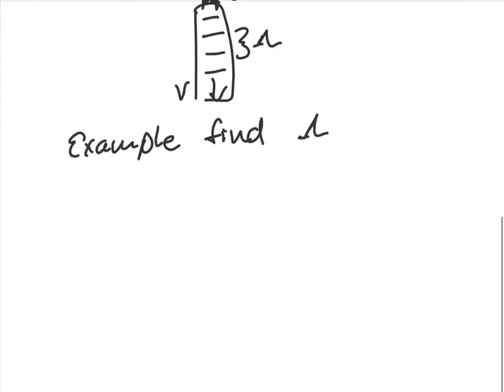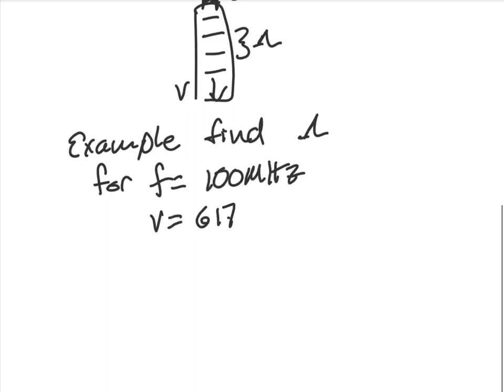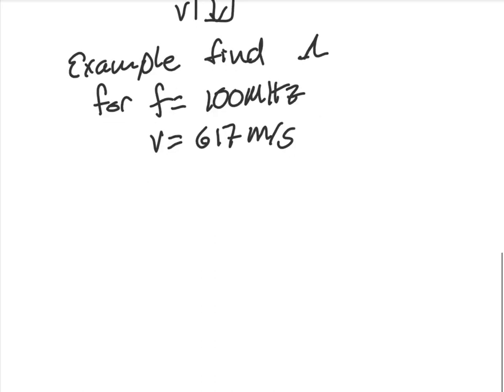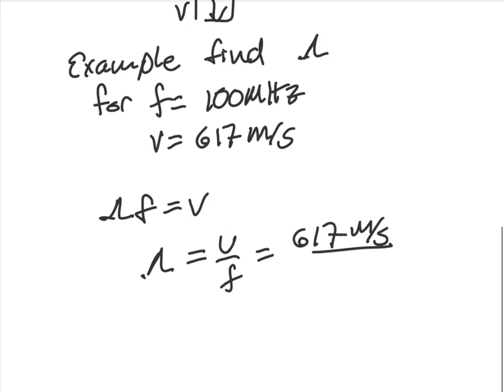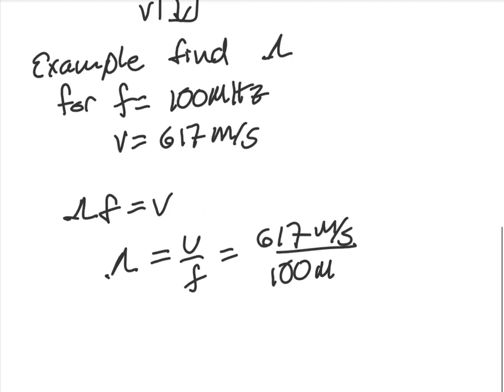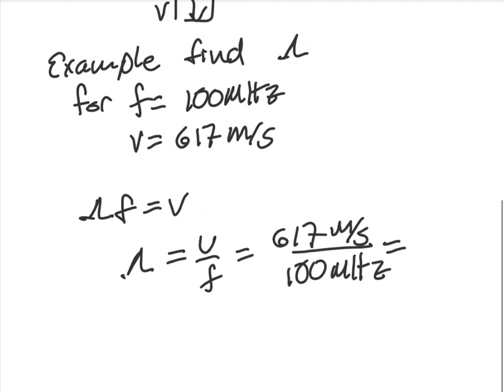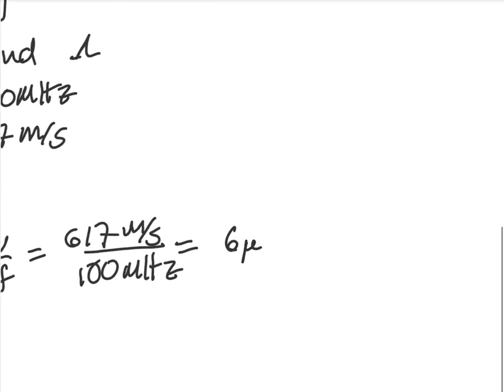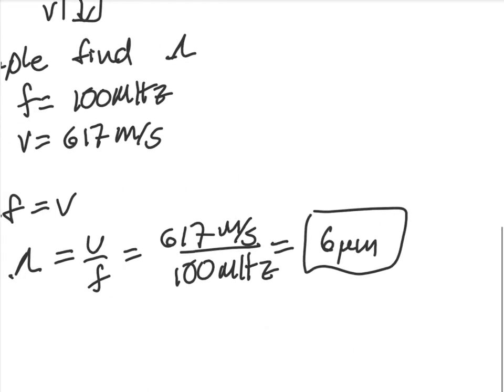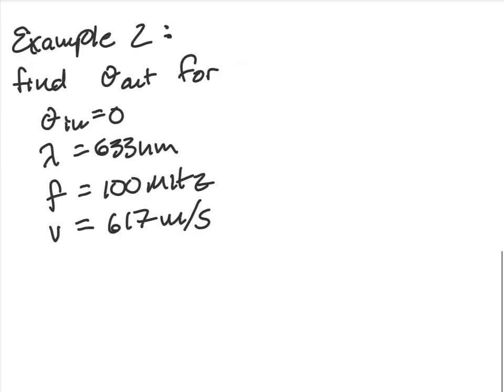So, if we look at an example, let's try to find big lambda given a driving frequency of 100 megahertz and a wave speed of 617 meters per second. We just take our lambda f equals v equation, we use it to solve for big lambda, we get 617 meters per second over 100 megahertz, plug it into our calculator, and we get 6 microns. That is the spatial period of the acoustic wave traveling through the acousto-optic modulator.